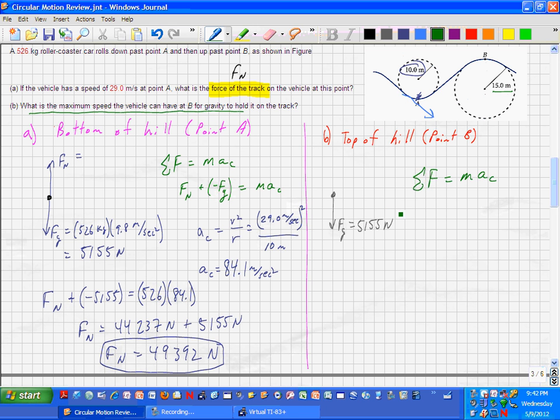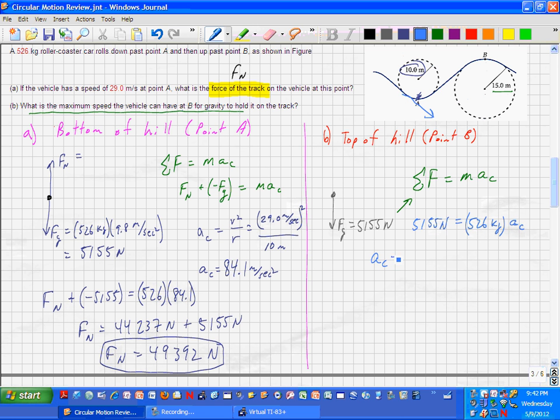The only force acting on this object, on the roller coaster car, is weight. So 5155 newtons is equal to 526 kilograms times centripetal acceleration.